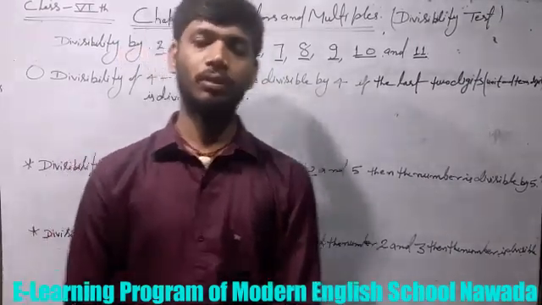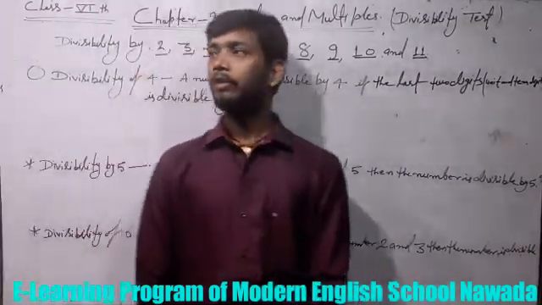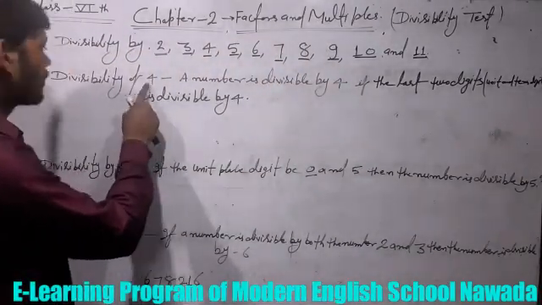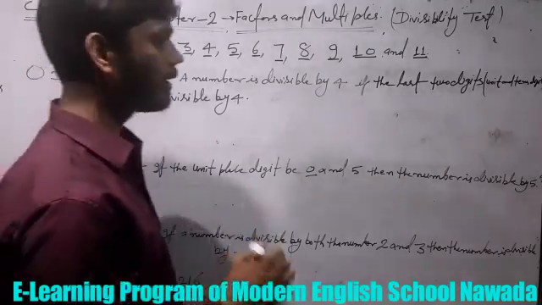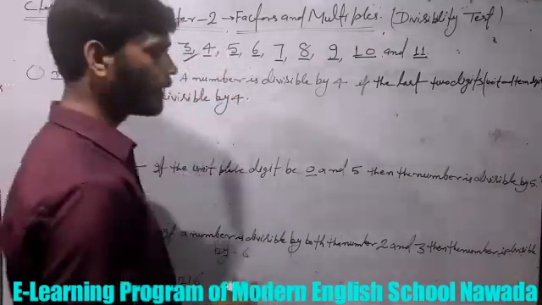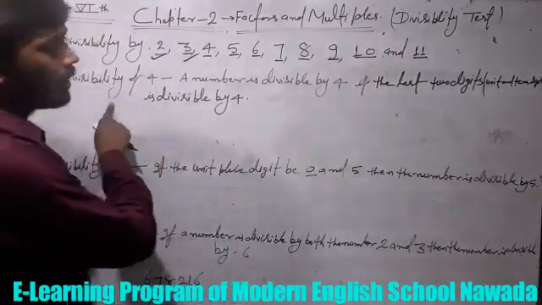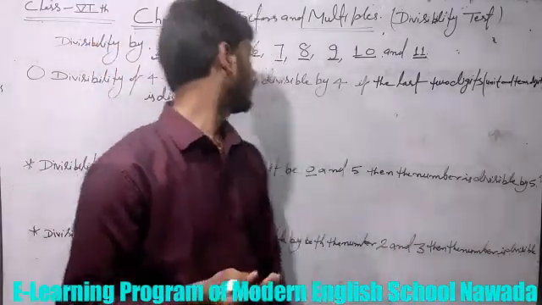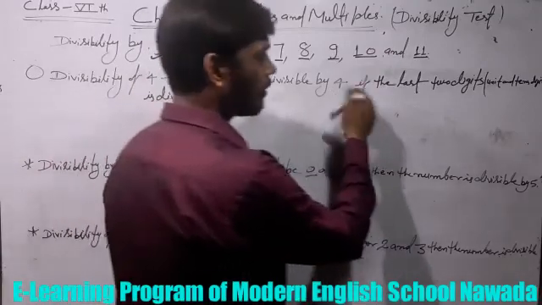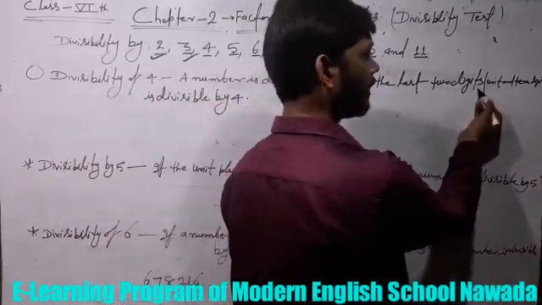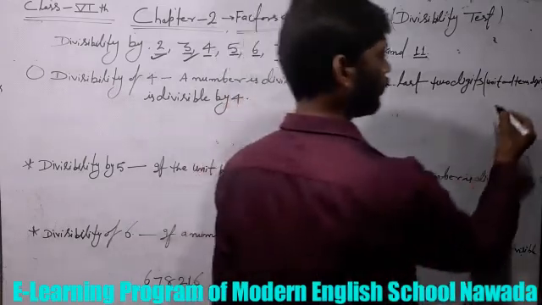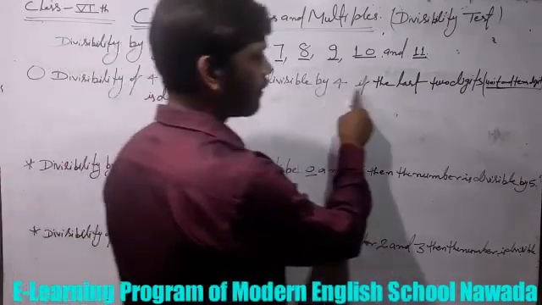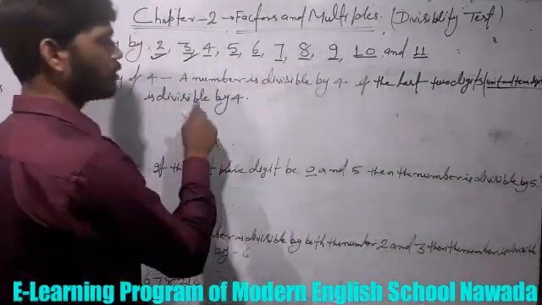Students, now you have to know the divisibility rule of 4. Previously I discussed the divisibility of 2 and 3. Now I discuss the divisibility of 4. A number is divisible by 4 if the last two digits, that means the unit and tens digits collectively, are divisible by 4.